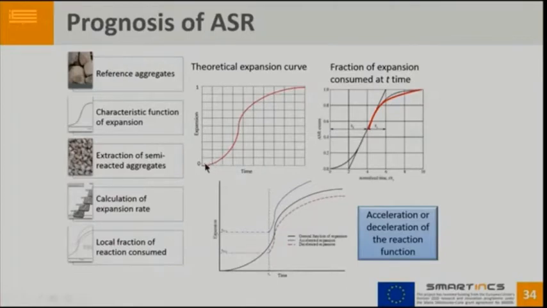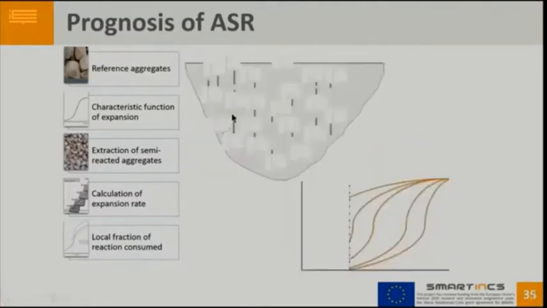Here we can see the S curve, and we don't know where we are, but we can estimate this point using a methodology of extraction of aggregates and comparing with a reference. In this case, we can produce a map of a structure with different situations or reaction rate.